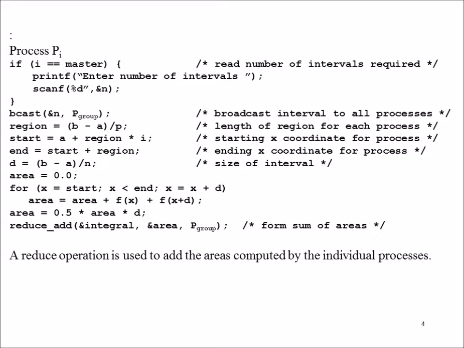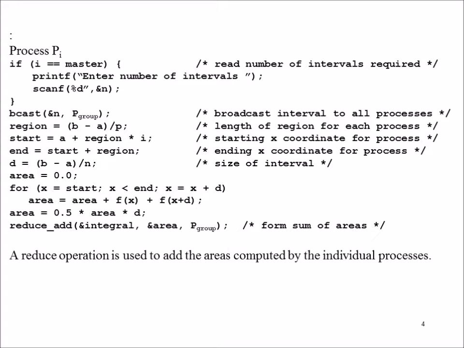Here we see the pseudocode. For each process I, if I'm the master, then I'm going to ask the user for the number of intervals. Then I need to broadcast this result to everybody else.